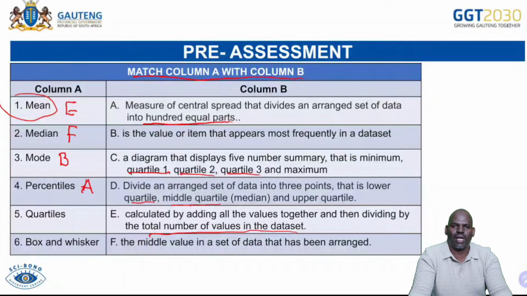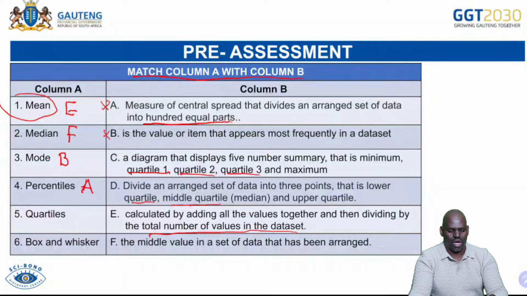Then we've got quartiles. Quartiles are almost the same as percentiles if you think about it. But what is a quartile? Measure of spread that divides an arranged set of data. We have already taken that one. Is the value? Definitely not. We have already used this one.